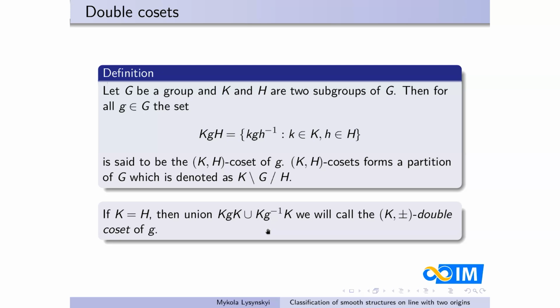In other words, if we have an element g and its inverse, the KK coset of g, then K g^-1 K will also be a coset. And such a union we will call the K plus-minus double coset of g.